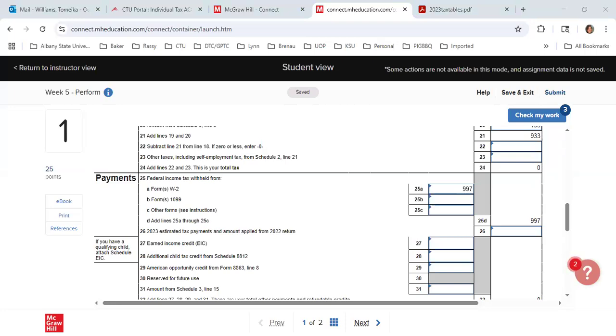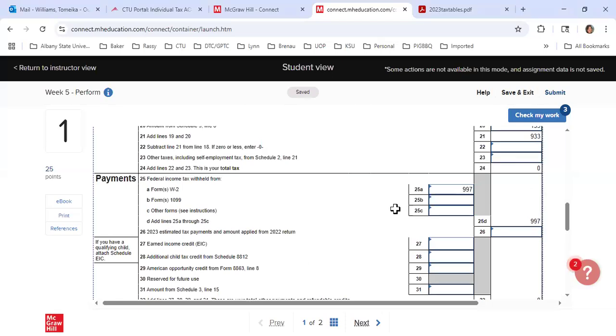They have linked, or they should have linked, the EIC tables here. So I'll just pull those up. I'm going to close the tax tables out.